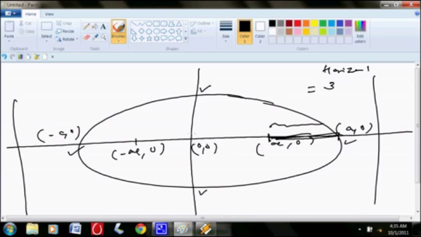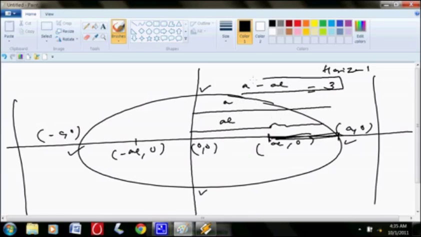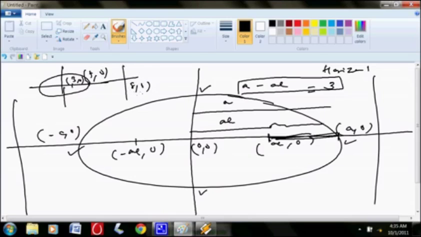It's easy enough. This is A, this is A. So overall this is A minus A is 3. Because if I give you the ellipse in a simpler form, that this point is 3, 0, this point is 5, 0, and this point is, let me say, 8, 0.